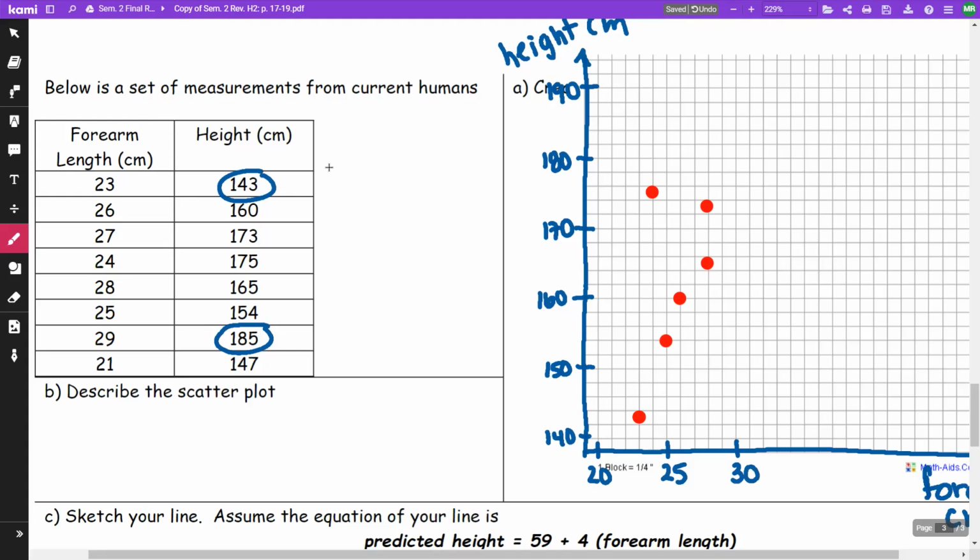And 21, 147. So there's my scatter plot.